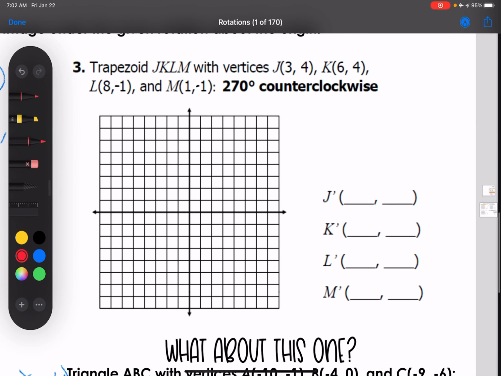All right, now let's do trapezoid JKLM with these vertices. And it's telling us 270 degrees counterclockwise. I don't want to apply that 90-degree rule 3 different times. So instead, I have to remember, hey, wait, isn't that the same thing as 90 degrees clockwise? Which it is.